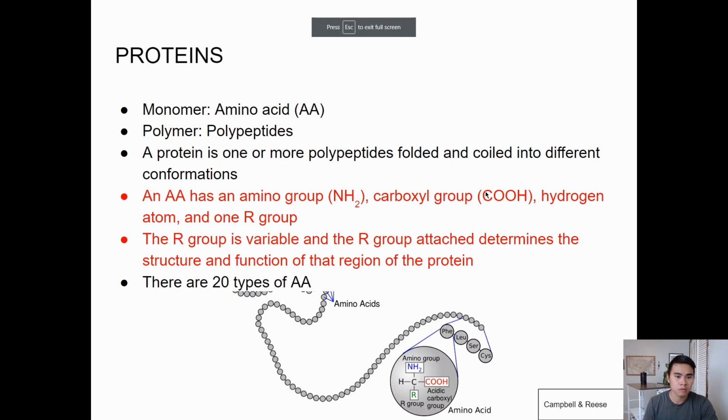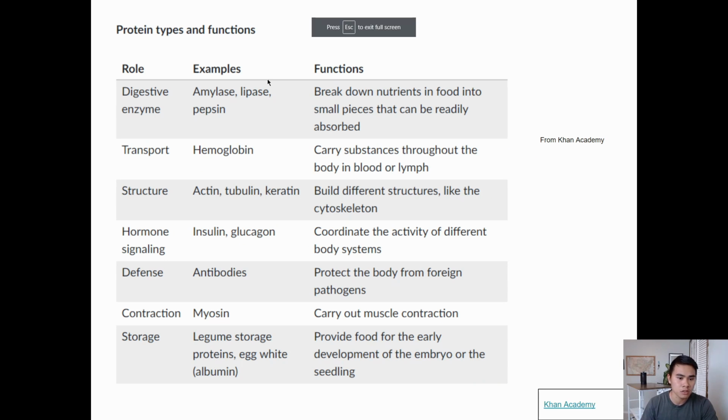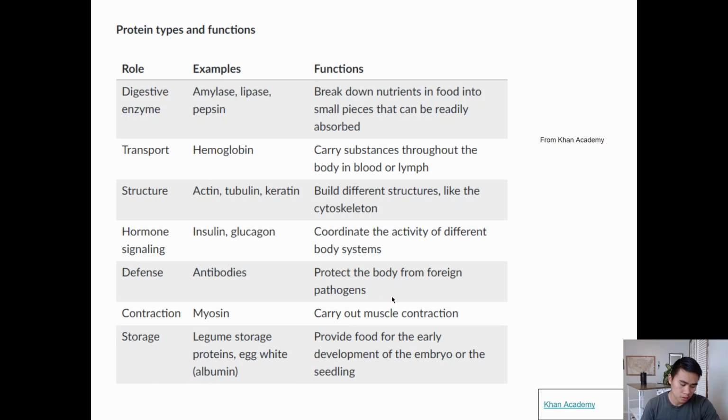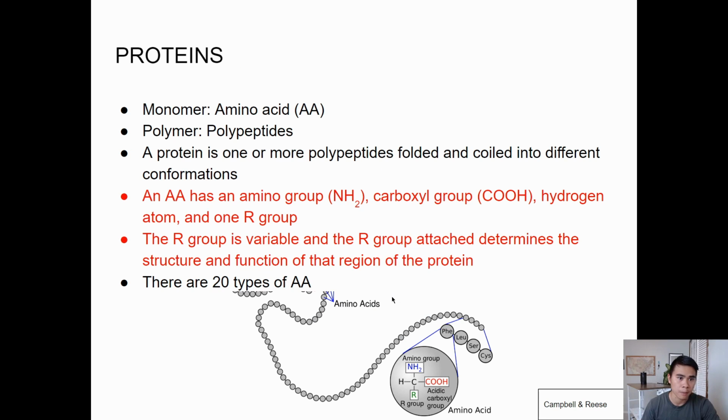Okay, so proteins, you have to know the different roles of them, but you don't have to know all of them. Just know that they have different roles. Okay, the monomer for a protein is an amino acid. I abbreviate that AA. The polymer for it is a polypeptide. So a bunch of amino acids make up a polypeptide.